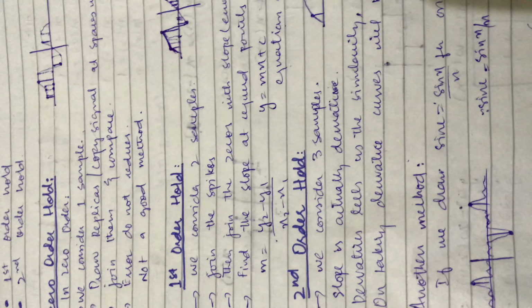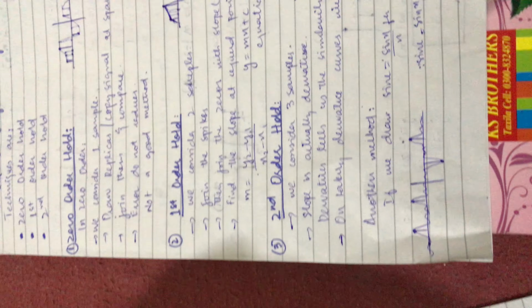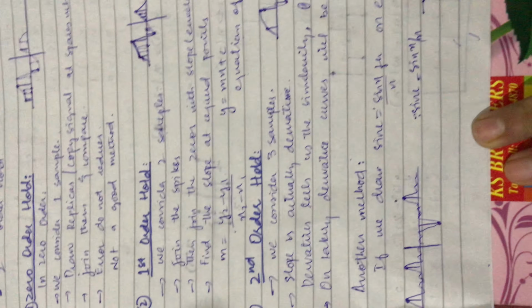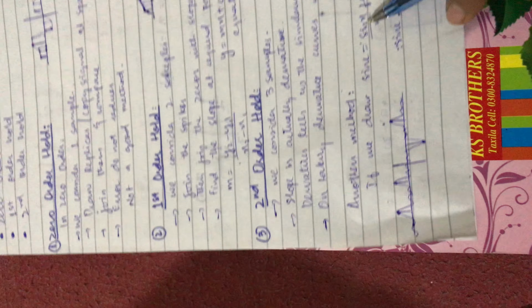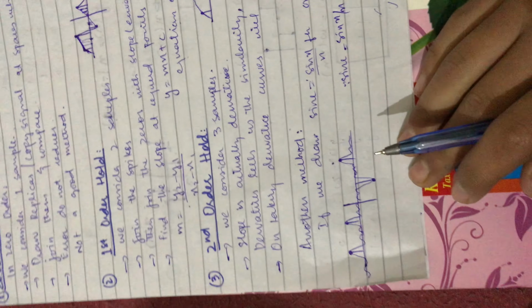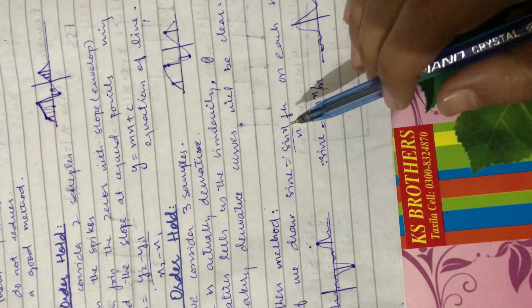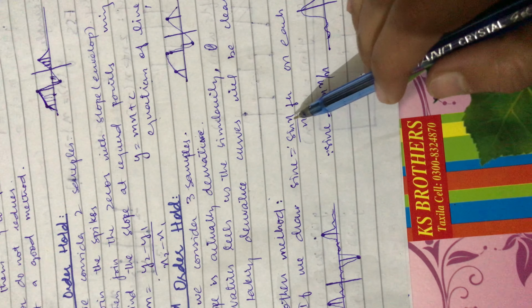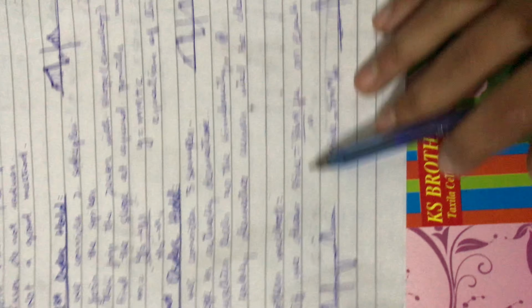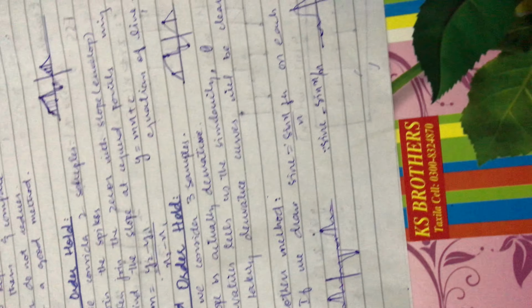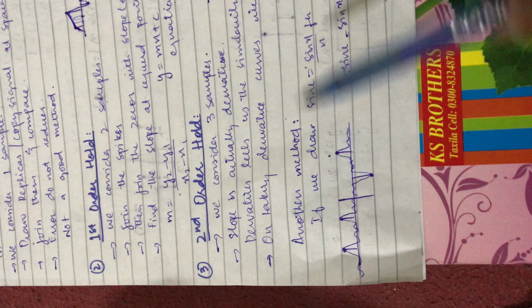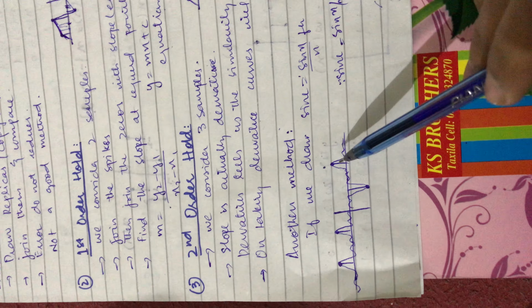And we can also improve our system by drawing the sinc function at each spike. The sinc function is equal to sin(x)/x, and its graph looks like this. If we draw the sinc function at each spike, it will give us good results. So these were the three techniques to extract our original signal.